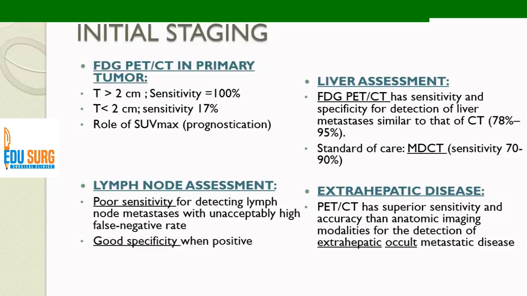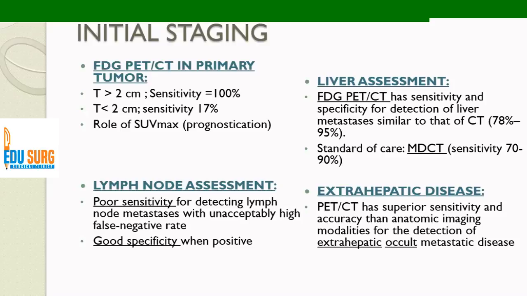For lymph node assessment, PET-CT has very, very high false negative rates because the tumor sizes in the lymph nodes are very small, way below the resolution of the PET-CT scanner. But the specificity is very high. So any active lymph node, even if the size on the CT is small, less than 1 centimeter, you can consider it to be positive for metastatic disease.